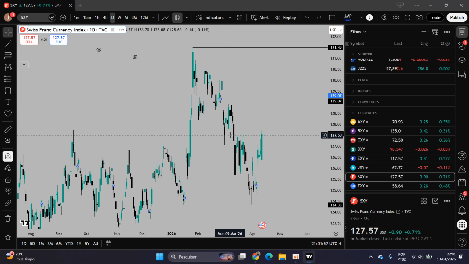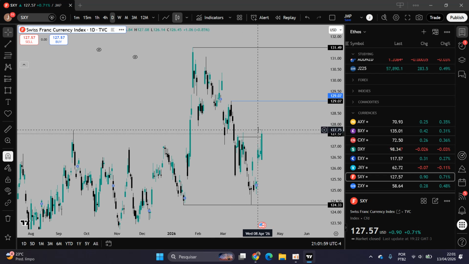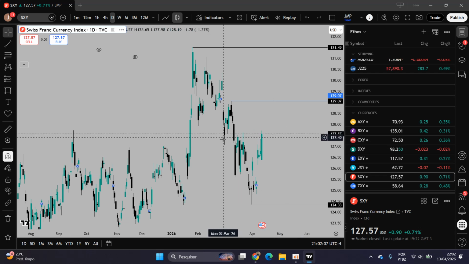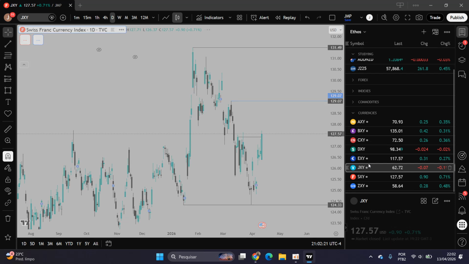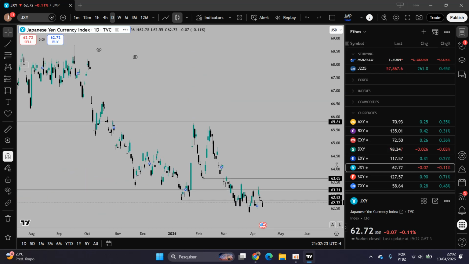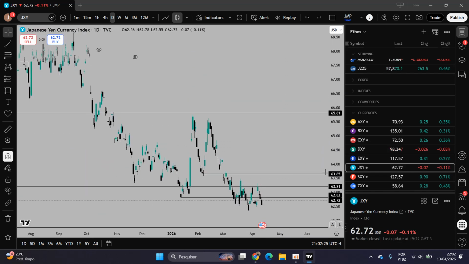So you basically want to wait a little bit for price to start coming back again and breaking some levels, so you can be sure that now the CHF is being a strong currency, and on the other side the JPY is being a weak currency, as you guys can see right here.